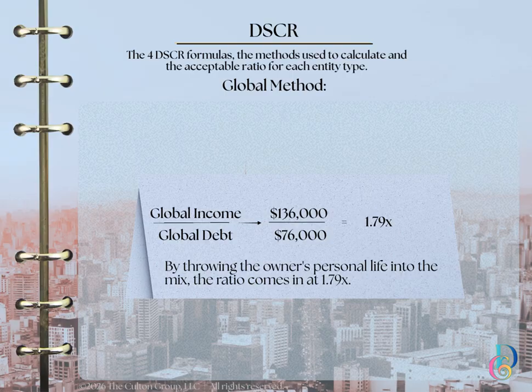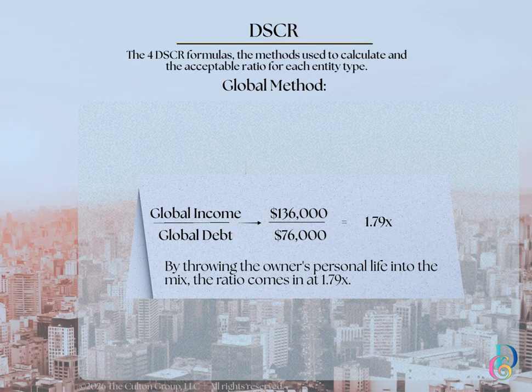Okay, you see the formula, global income divided by global debt with the numbers plugged in. 136,000 divided by 76,000. The DSCR is 1.79x, meaning that using this method, the lender sees that the property is generating $1.79 for each dollar that is owed in mortgage payments.